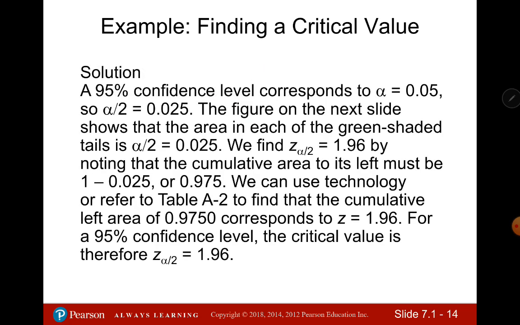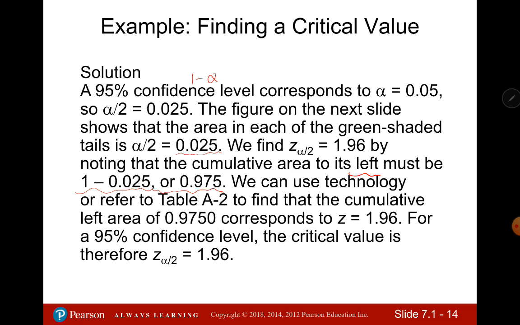We use the confidence level, 1 minus alpha equals 95%, to get alpha, 0.05. Then we use half alpha to get the right tail area. But don't forget, we should use 1 minus 0.025 to get the area cumulative to the left. Now we can check the table.